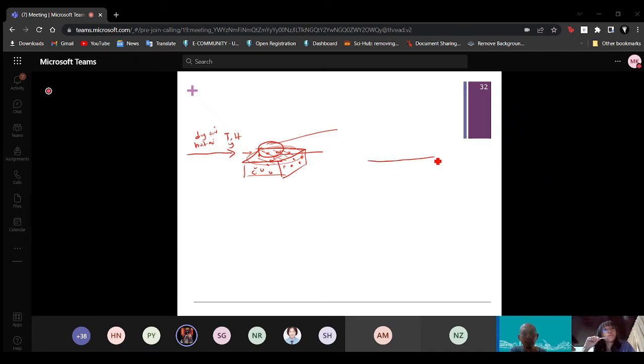Okay, this is your solid layer. All right, solid layer. And then this is the air that coming. Right? This is normally the Y1 lah. T1, H1 yang supply.